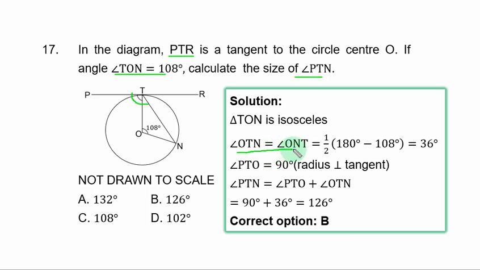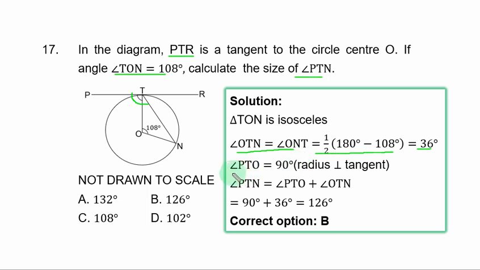So if the two angles are equal, you have 2 times one of them equal to 180 minus 108. To get any one, you divide through by 2. So the summary is this step, and that is 36 degrees.